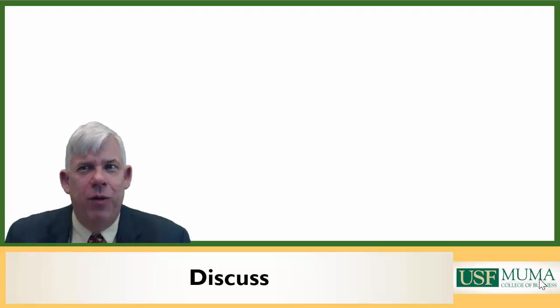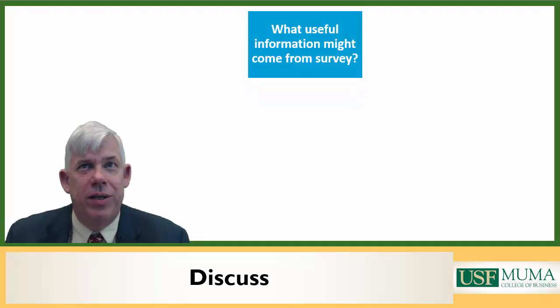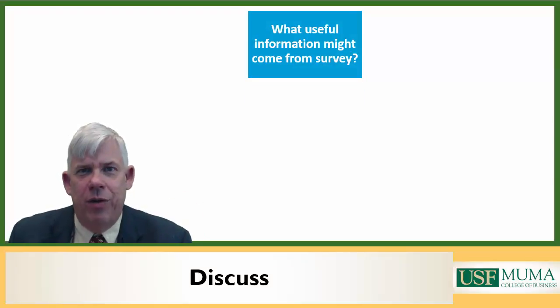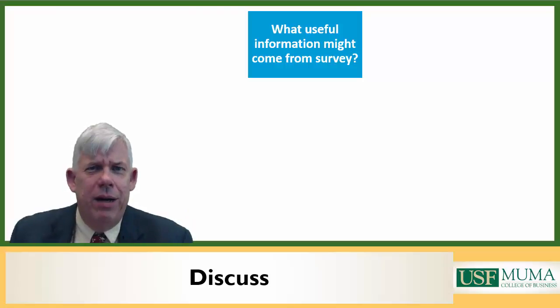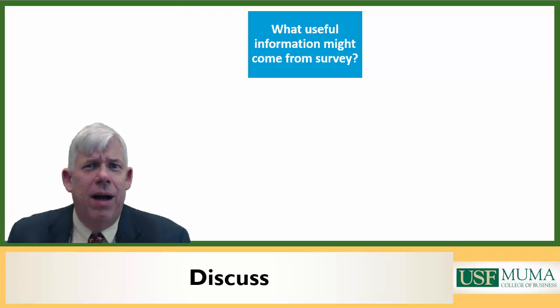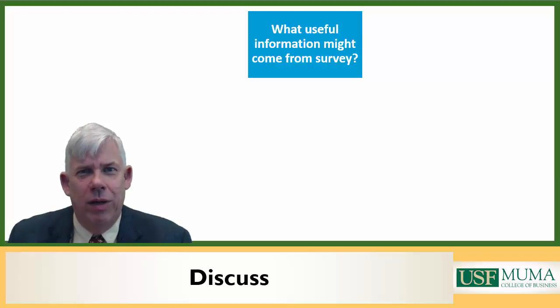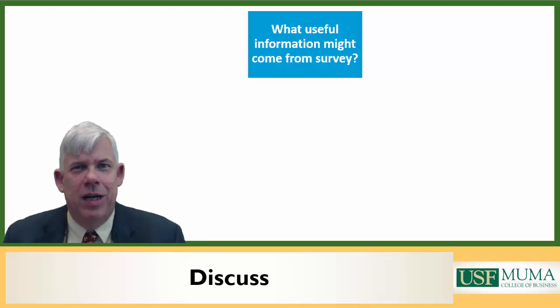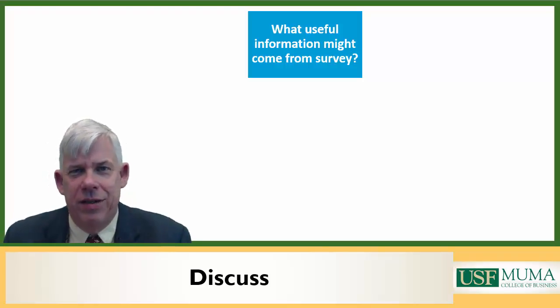The first question you might ask is the degree to which such information might be useful. I would argue that if we could find groups of activities that were very highly correlated, that might be useful for a marketer. For example, if you find a whole bunch of activities that are highly correlated with drinking, then if you're a beverage company, you might decide to sponsor events like that, just as an example.